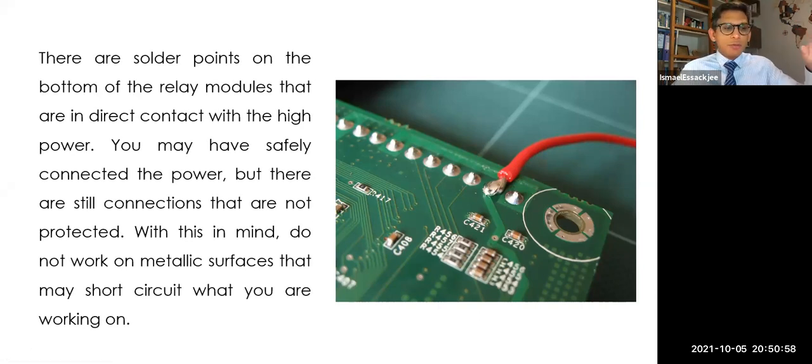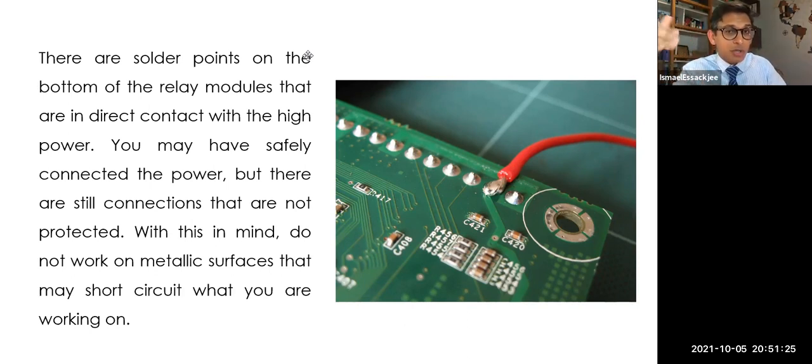Maybe you're not touching the upper part where the wires get in, but what you have underneath is connected too. That's why you have the tracks. Both are soldered points on the bottom of the relay modules that are in direct contact with the high power. So be careful: whenever the power is on, do not touch the panel you are working on. Switch it off first and wait.